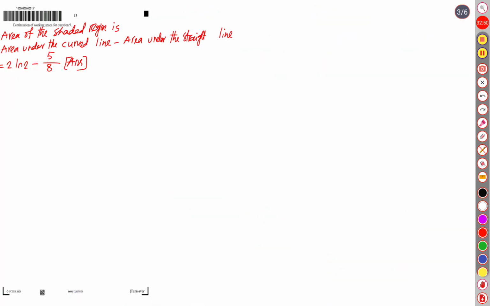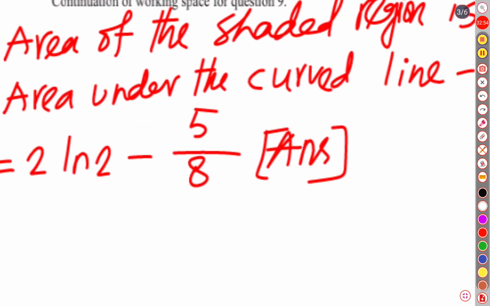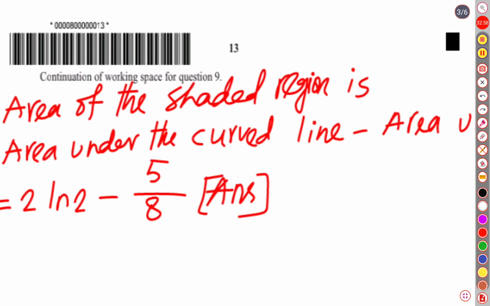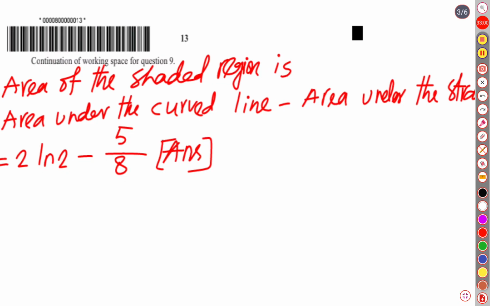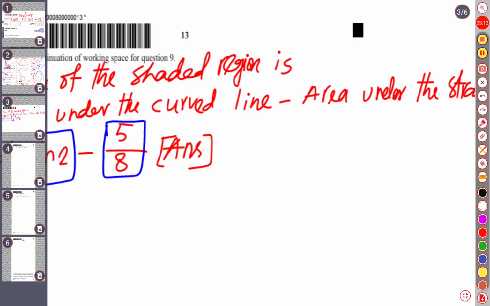Okay, so we have written here, already I have explained that the area of the shaded region is the area under the curved line minus the area under the straight line, and the area under the curved line was 2 ln 2, and the area under the straight line was 5 over 8. Okay, let me show you for confirmation again.